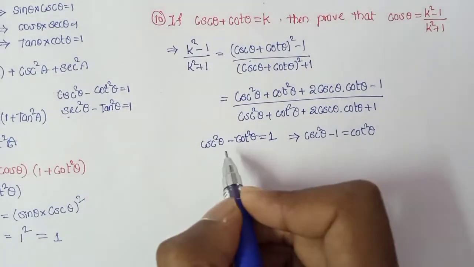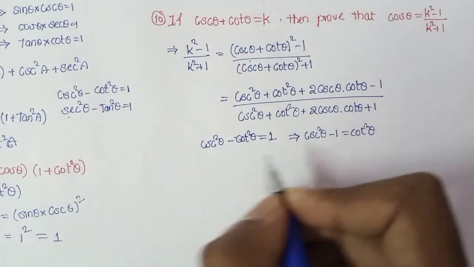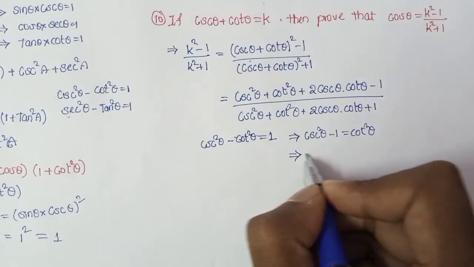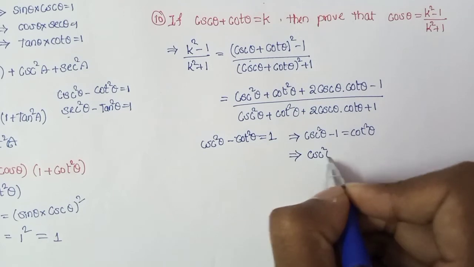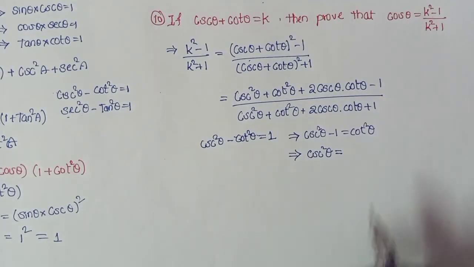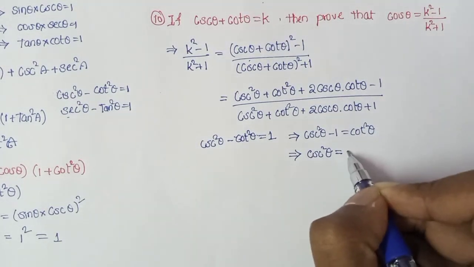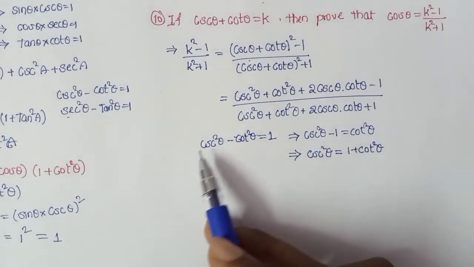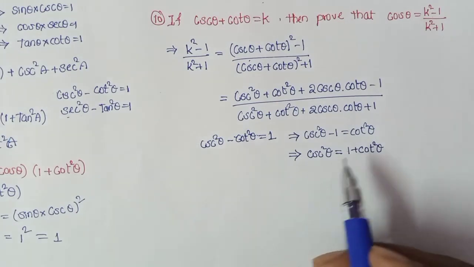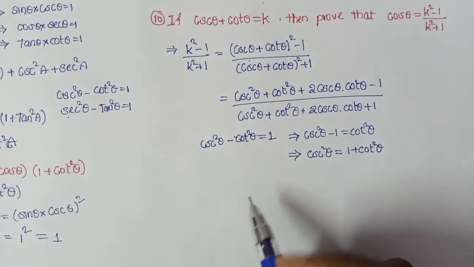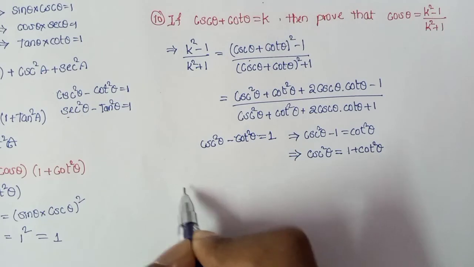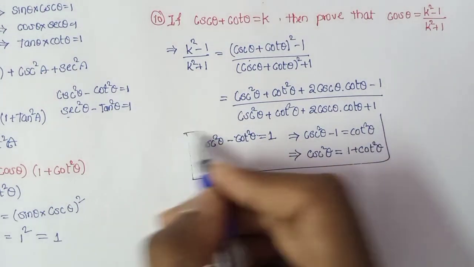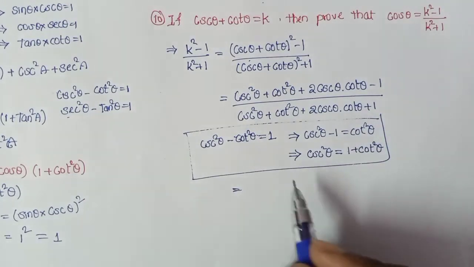Also, cosec square theta is equal to 1 plus cot square theta. These three are the same identity but in different forms. Let's come back to the solution.